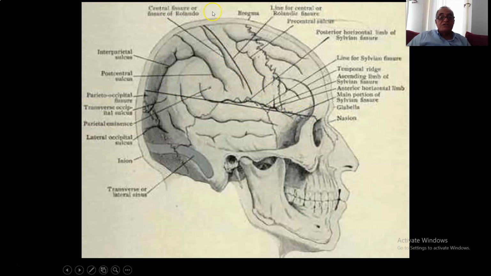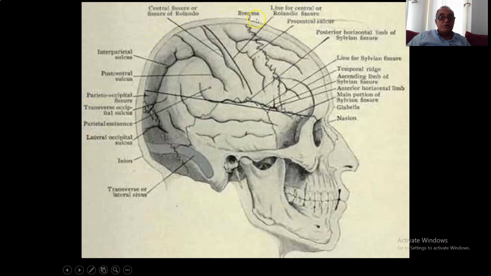How can you get the central sulcus? The central sulcus is very easy. It is the upper 2/3 of a line joining the mid-zygomatic point, the midpoint of the zygomatic arch, to 1 centimeter behind midway from the nasion to the inion.